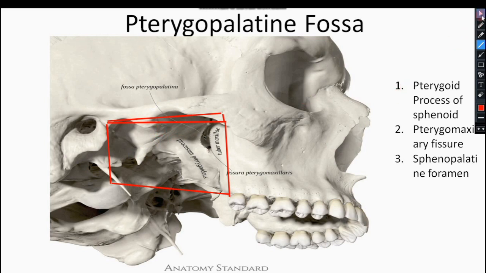Now we will see other important bony landmarks. Now you are familiar with the pterygoid process of the sphenoid. Then pterygomaxillary fissure. Already I have explained, fissure means it's a slit opening. So here you can see this is the pterygomaxillary fissure, and here is the sphenopalatine foramen.